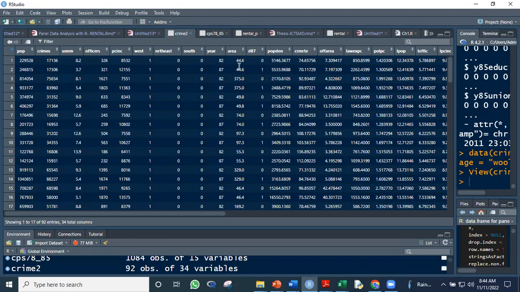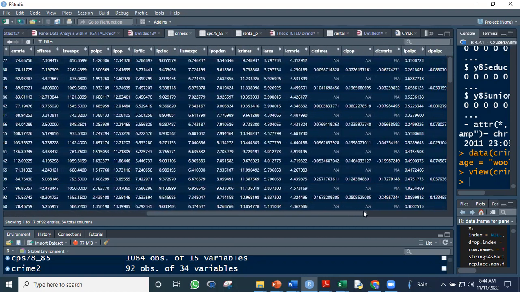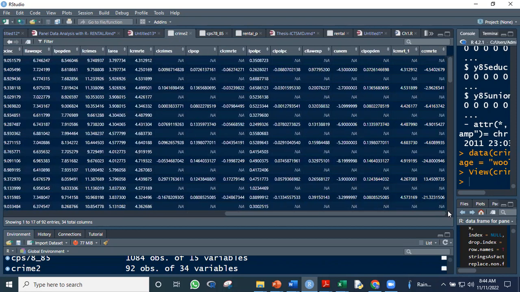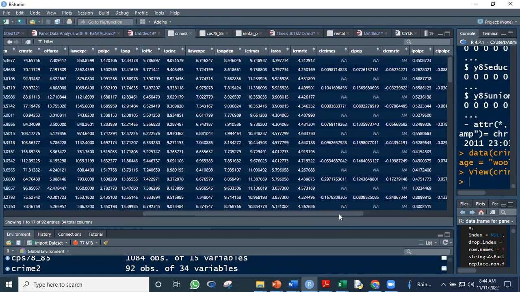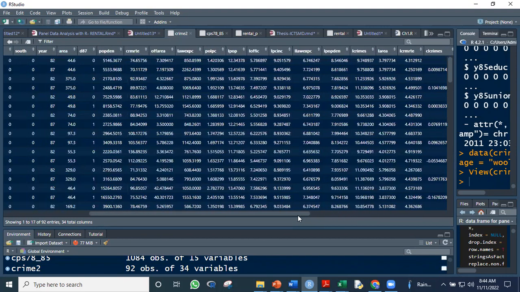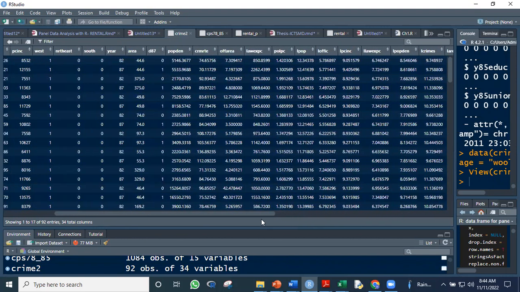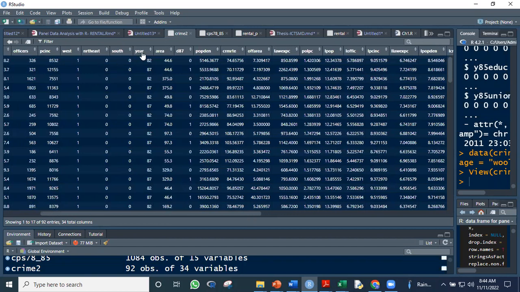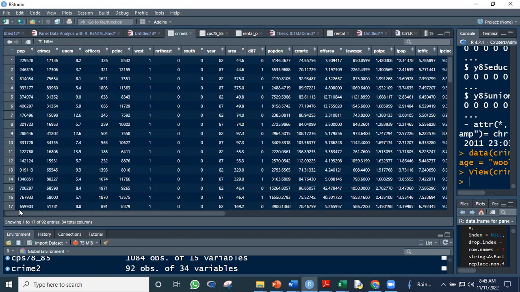So we have here, ano yung year natin? Ito, may year tayo, no? Year 82 and 87. Okay, so dalawang years ito, tapos 92 entries, no? That means 46.